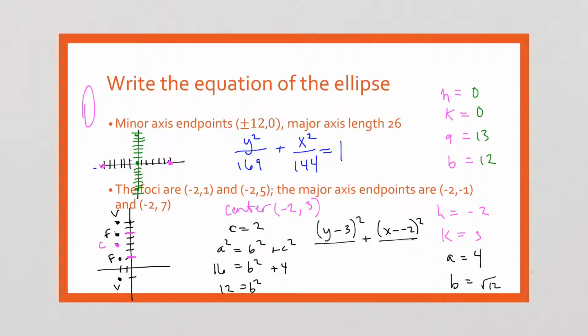Remember, a goes with the y this time, so 16. B squared was 12, and all that equals 1. You do need to simplify. Make sure your negative is a positive. And there's my final equation.